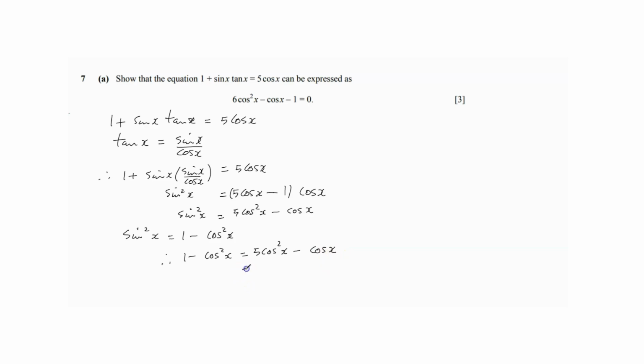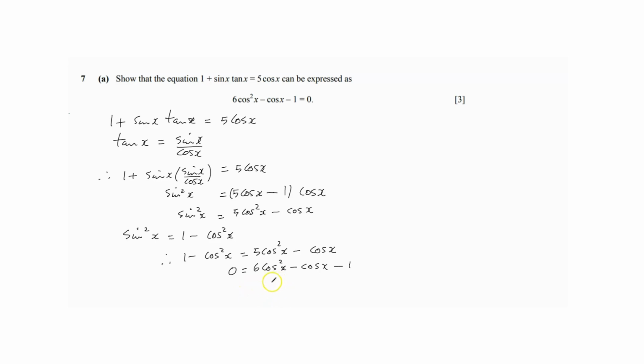And we can add cos squared x both sides, so we get 6 cos squared x minus cos x, and we can subtract 1 both sides, so we have that. So we have reduced the equation to the form.